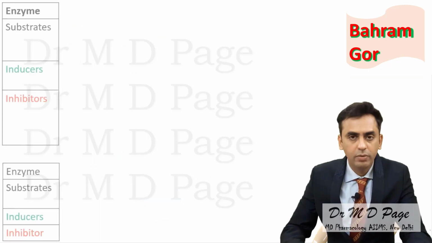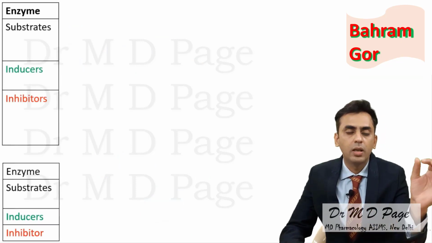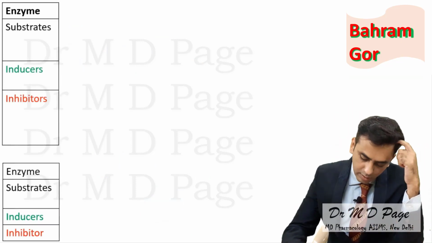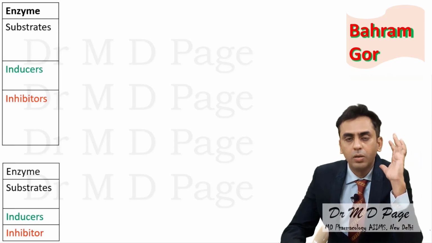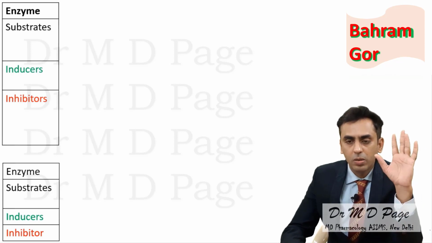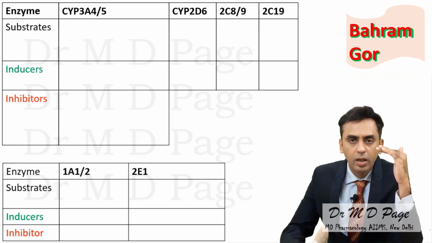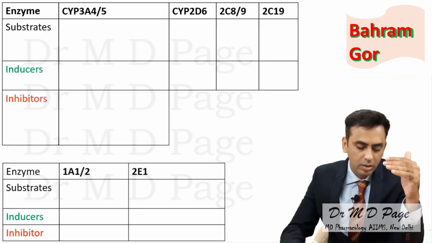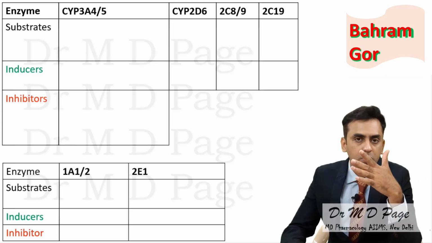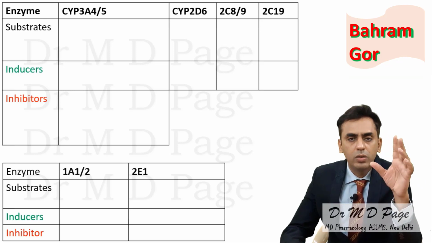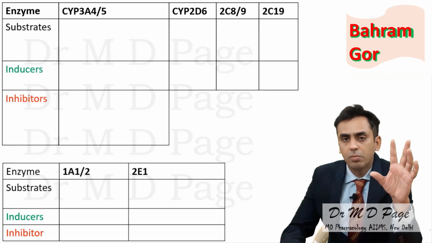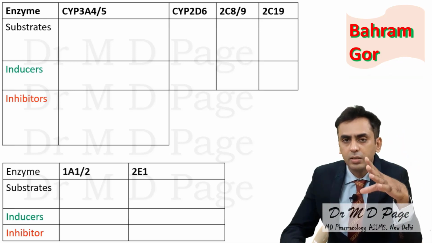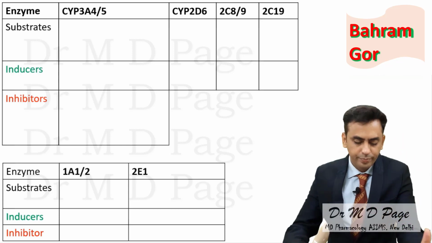So finally we have finished with all the enzymes, inducers and inhibitors, and we have finished a major part of metabolism. If you remember the substrate, inducer, inhibitor of all these CYP enzymes, you are definitely going to get 1 mark in any given exam, be it AIIMS, PGI, JIPMER, NEET or NIMHANS.